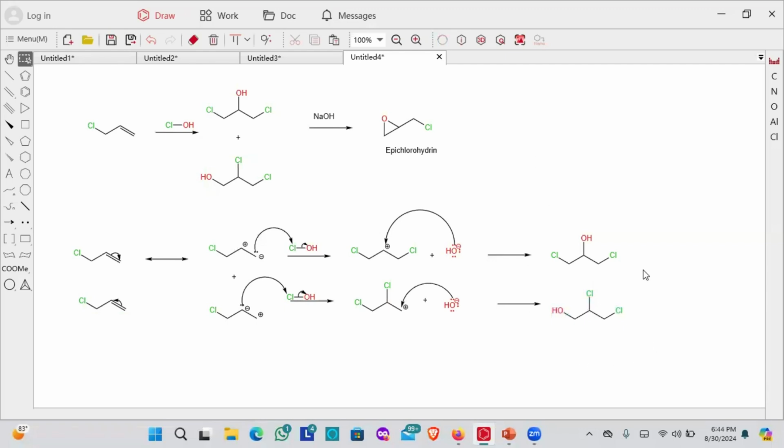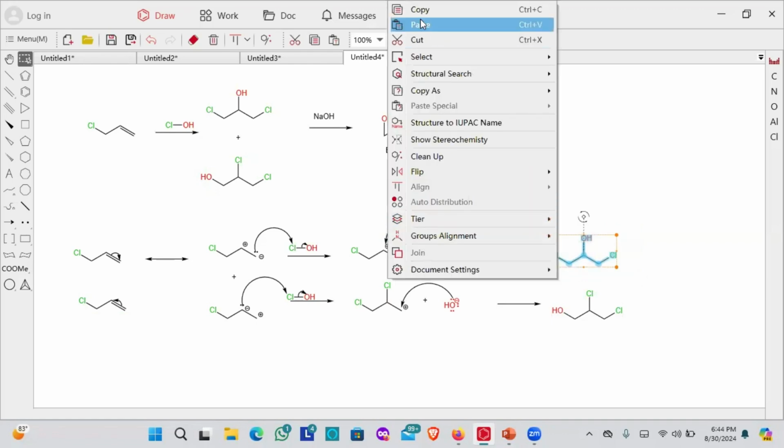Now following that, what we're going to do to change both of these molecules into epichlorohydrin is to use sodium hydroxide to remove the hydrogen atom on the oxygen, and then the oxygen itself is going to remove one of the chlorine atoms and form the ring. It's going to form the epichlorohydrin. Let's show that.